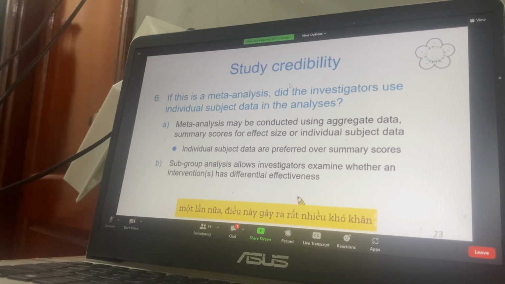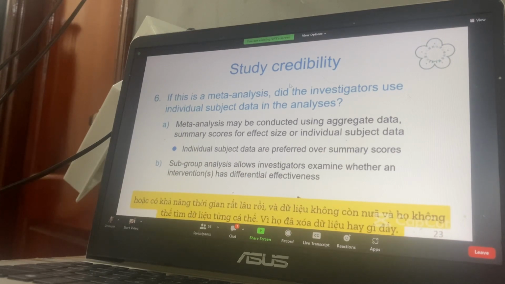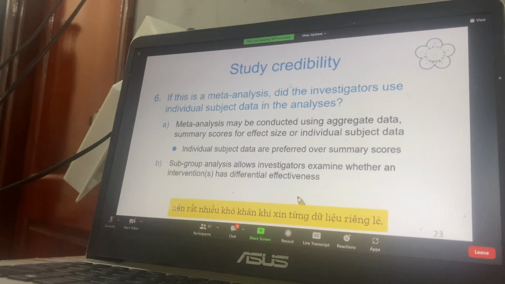Again, that causes a lot of problems, because when they write to the author, it is possible that the author thinks it's too much trouble, so they decide not to give you the data. Or it is possible that the time is too long ago and the data is no longer there, because they have deleted the data or something. So there are a lot of problems asking for individual subject data.